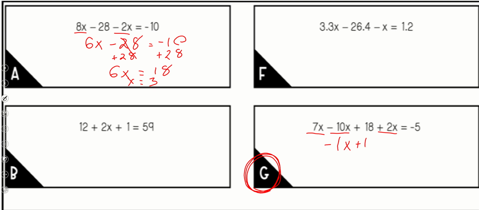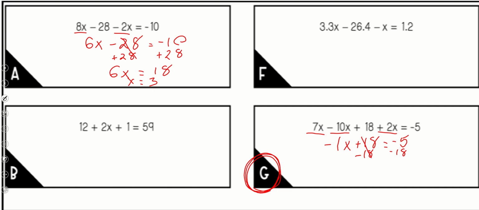I've got plus 18 equals negative 5. I can't combine the 18 and the negative 5 because they're on opposite sides of the equal sign, okay? Now to solve, I got to move the 18 over by doing opposite. So I go minus 18 to each side. Cancels out there.